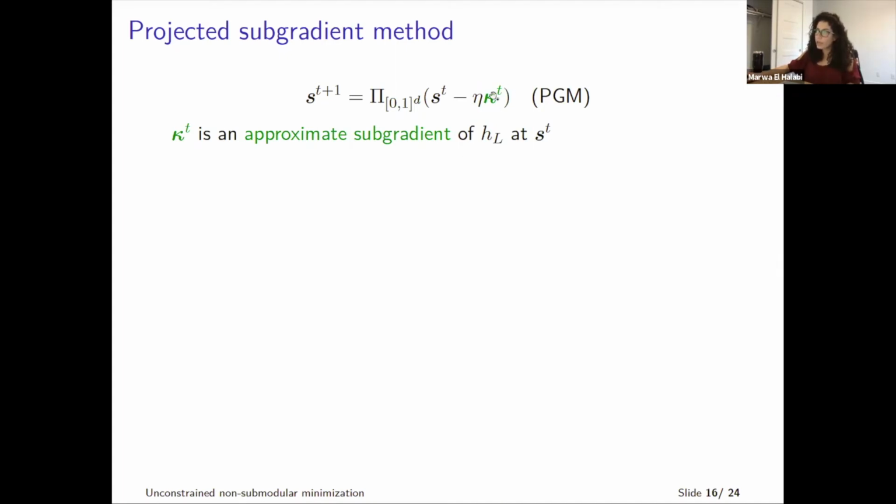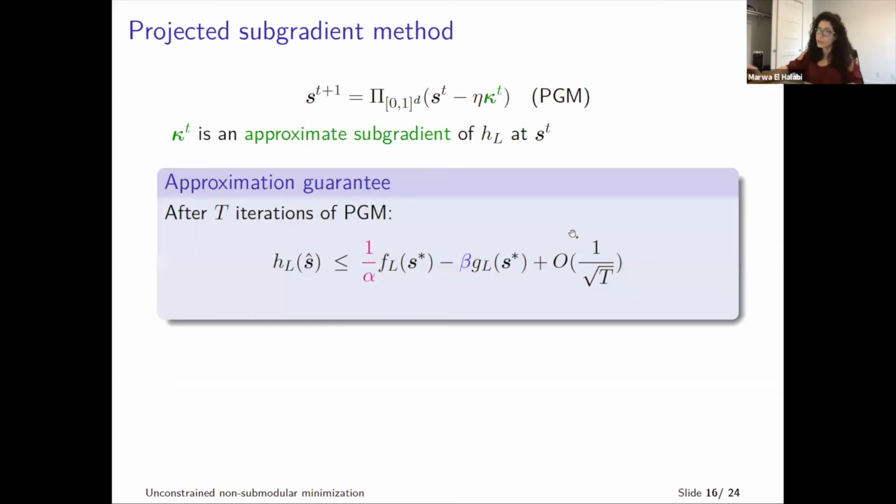Now, because these are not the actual subgradients of the objective function we're trying to minimize, we're not going to converge to the optimal solution, but we're going to converge to an approximation of the optimal solution. In particular, we have the following result.